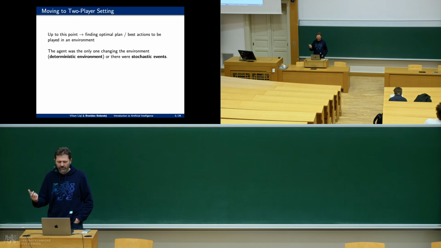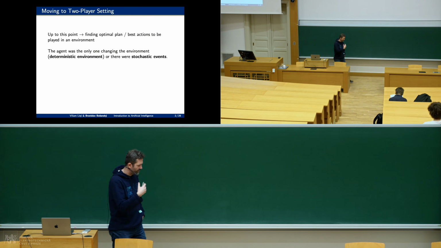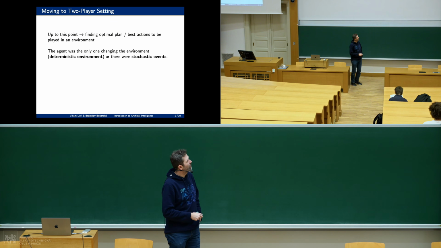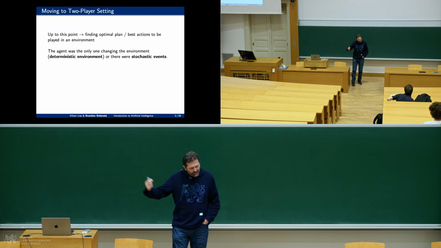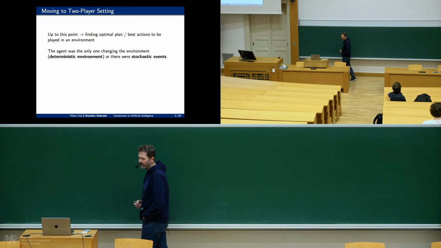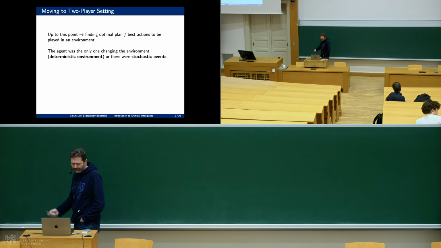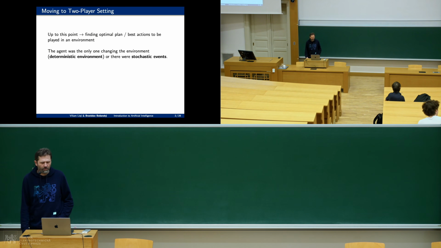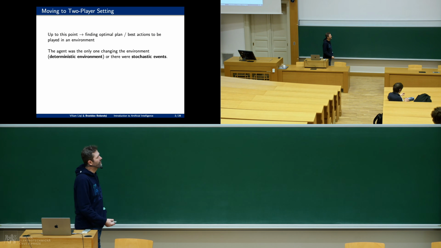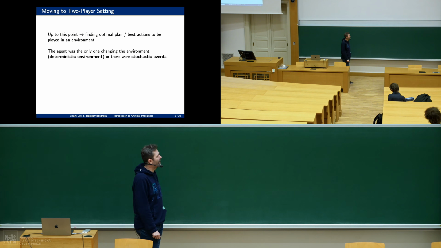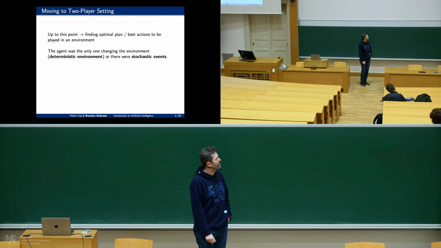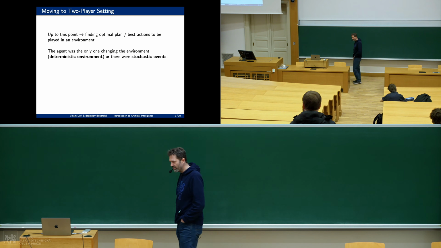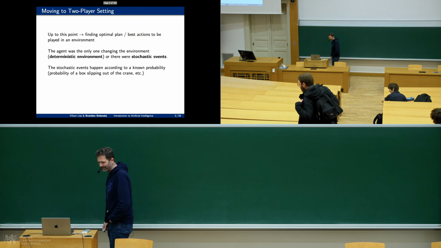We distinguished a deterministic environment, for example search like A star and so on, or if the environment is stochastic, we have to use different algorithms, or we can learn the best plan. We can learn the best actions to be played, right? So this was basically up to this moment in our course.